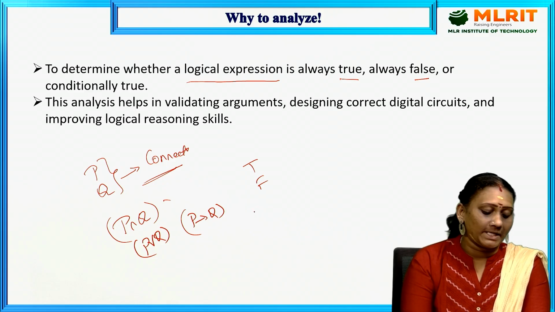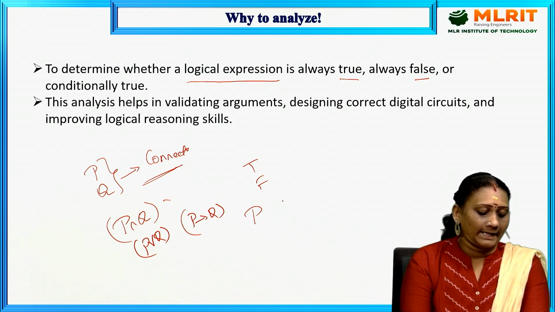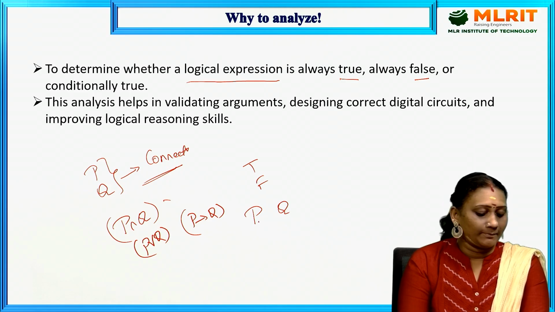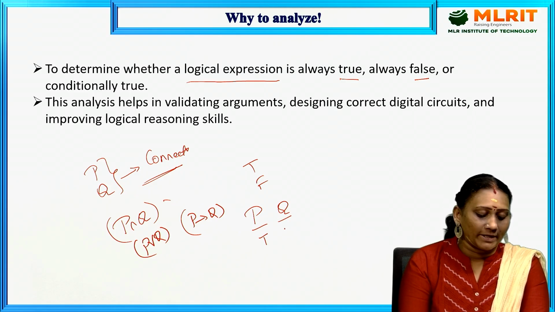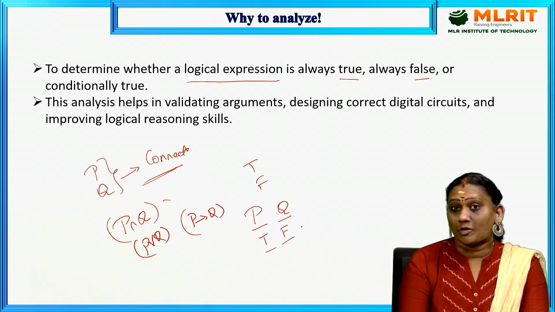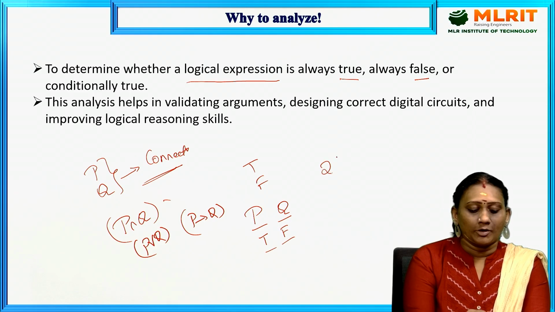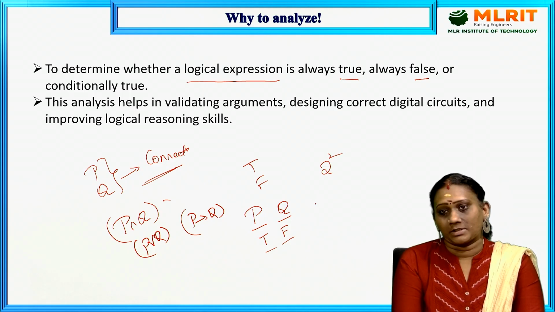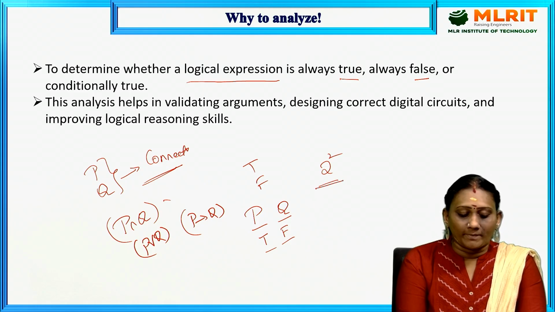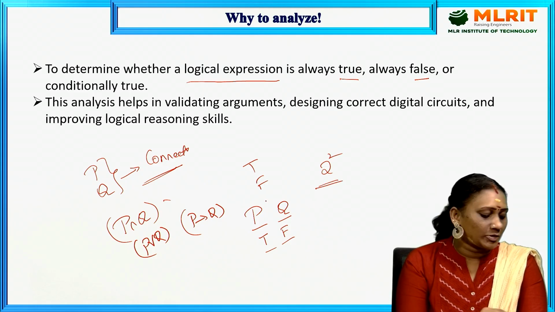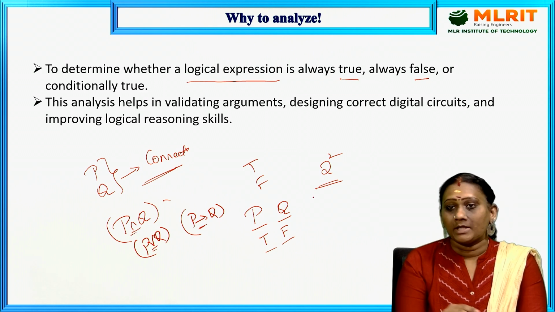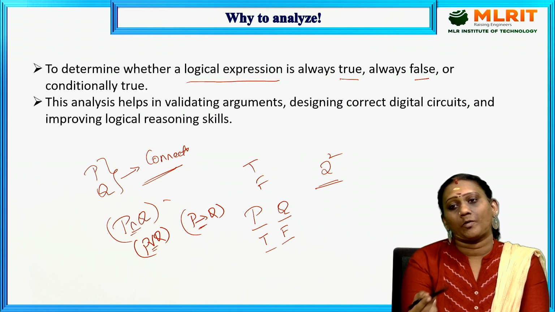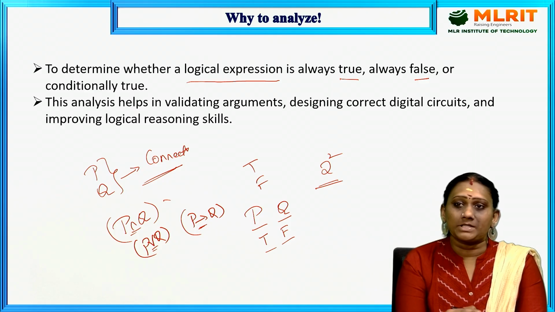Let me consider P and Q as my input statements. For these we have two truth values, true and false, in various combinations, 2 power n combinations. So four combinations we get, and based on the conditions of the connectives, we get outputs from the combinations of the inputs.